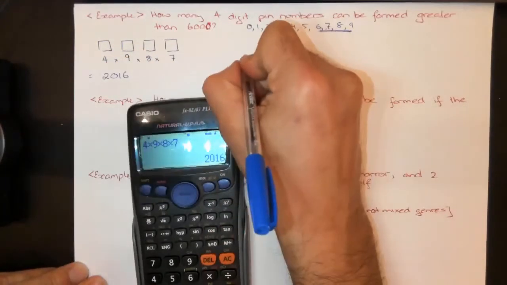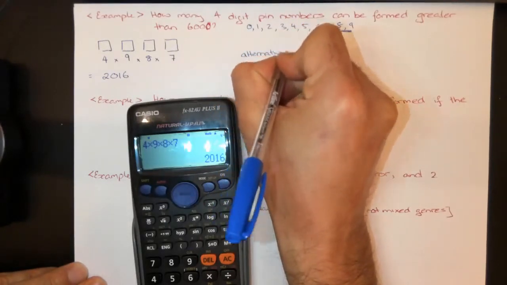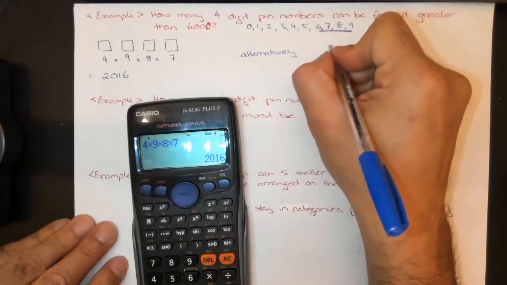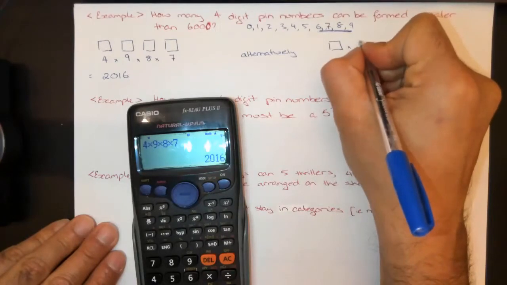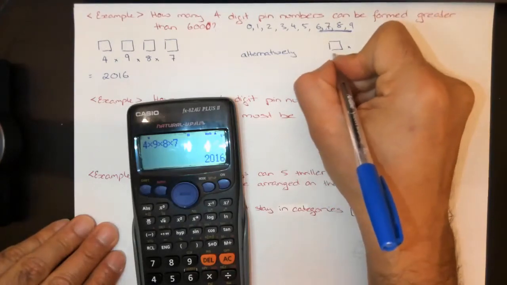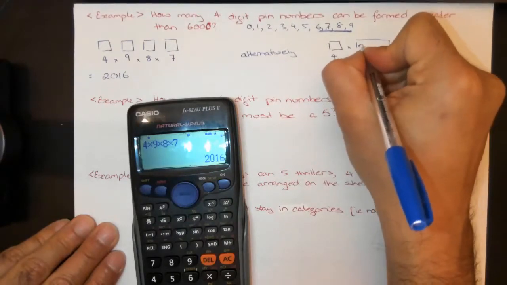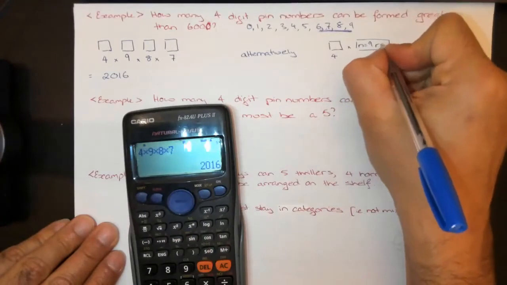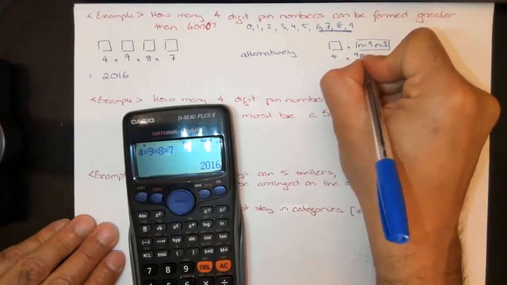Alternatively, using permutations, we start with that digit, and there's 4 of those. Then we have 9 digits and 3 places. So 9 permutated with 3.